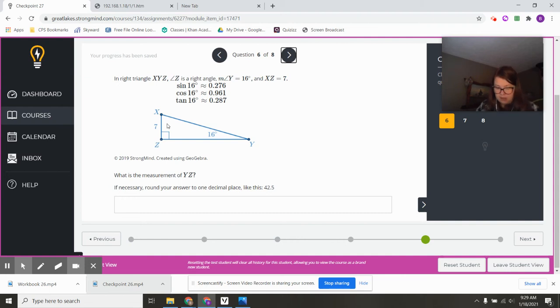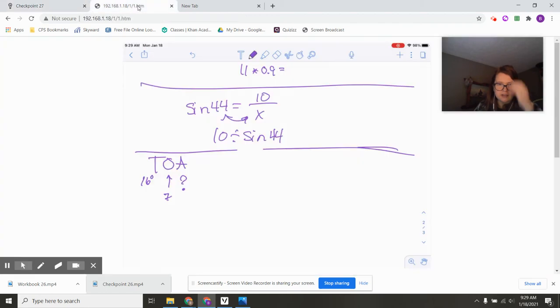I can see that my opposite side is 7, and I know that the angle is 16 degrees. So maybe I can set it up like this. I know the opposite is 7, and I want to find the adjacent. So the tangent of 16 is equal to 7 over the thing I don't know, which means that those can switch places.